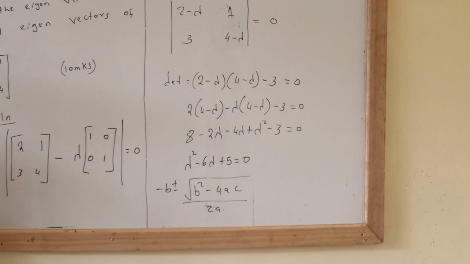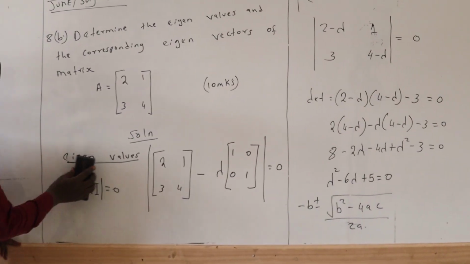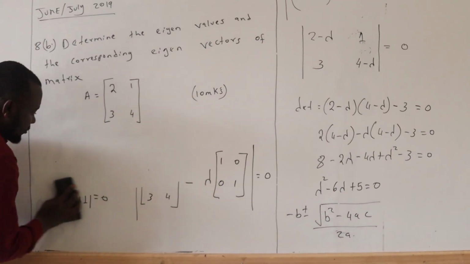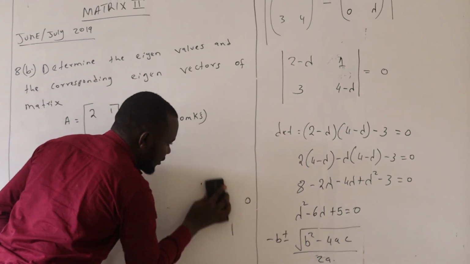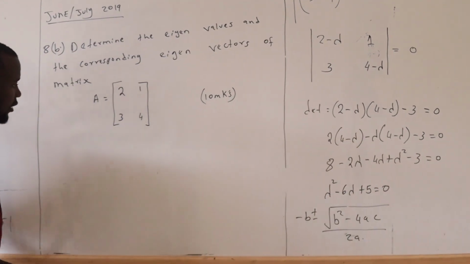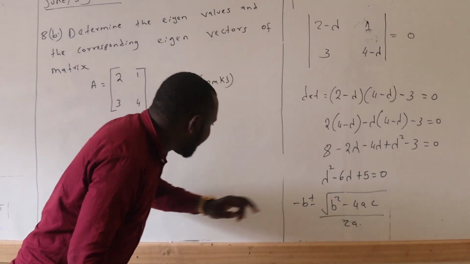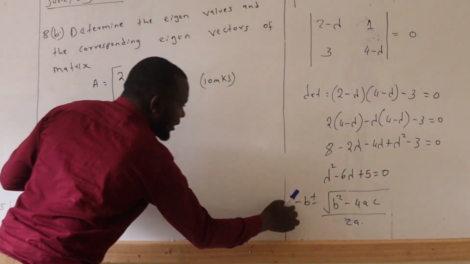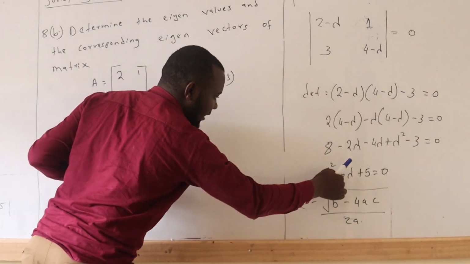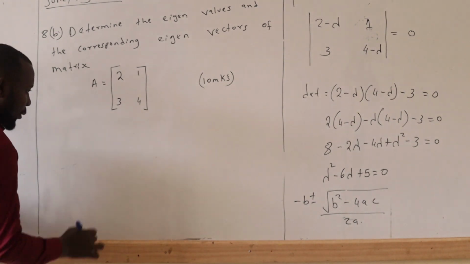We also have this one in our primary and secondary school, so I know no one will have a problem with that. So let's have this part. We have negative b, and our b is here. So, negative and negative will have a positive.